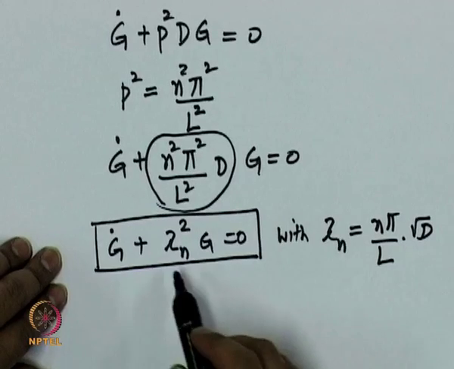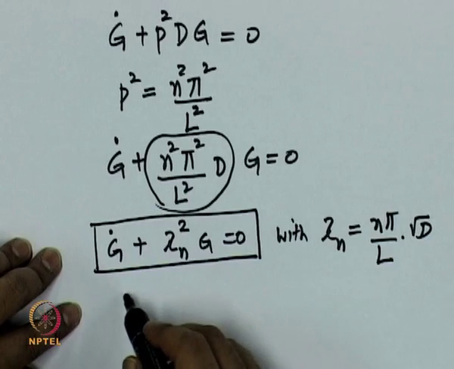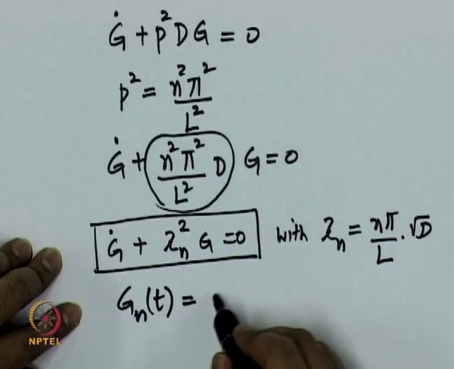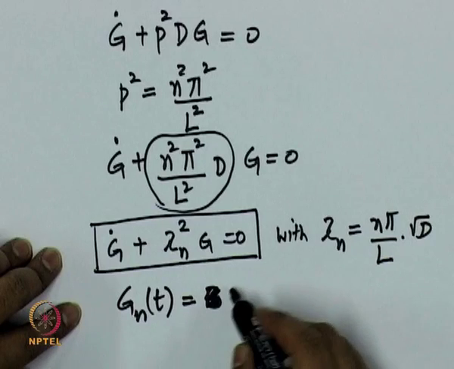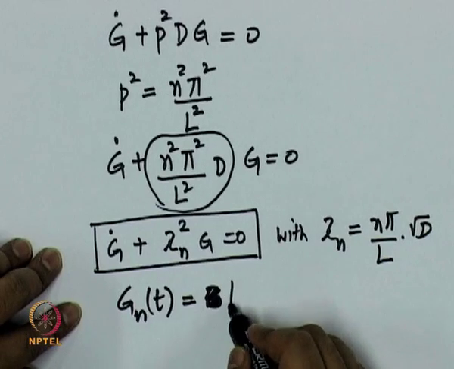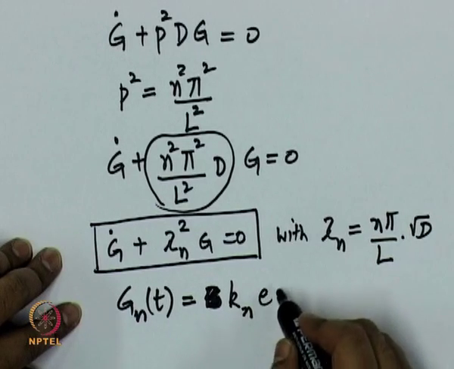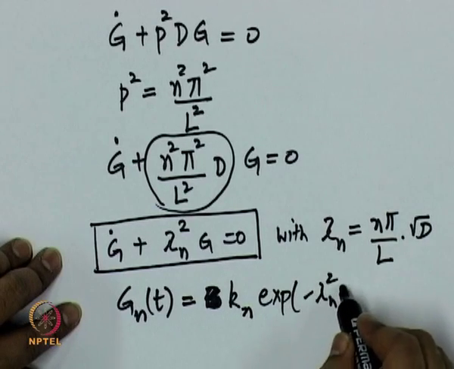Of course, you know that you can integrate this equation, and the solution will be G n of t equal to some constant, let us call it k n, times exponential minus lambda n squared t.